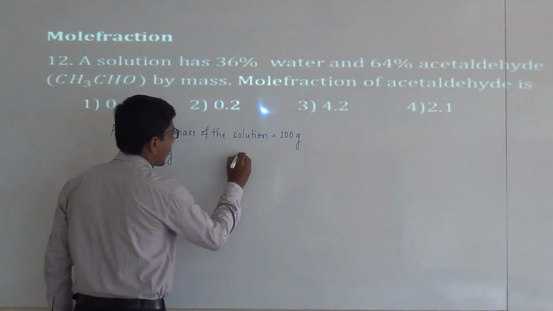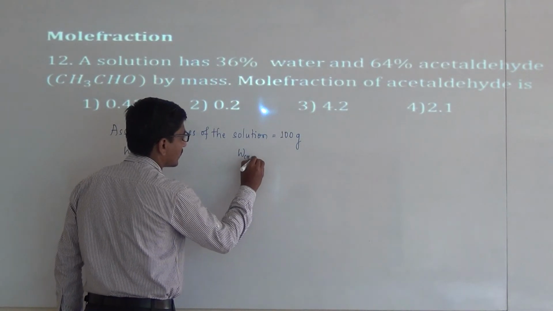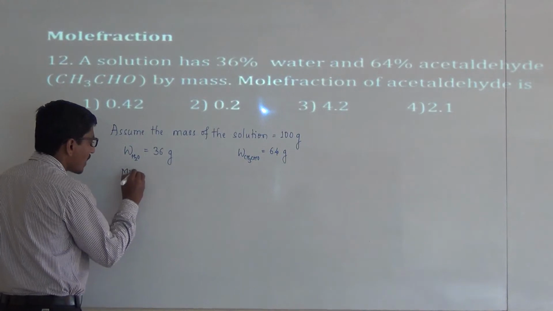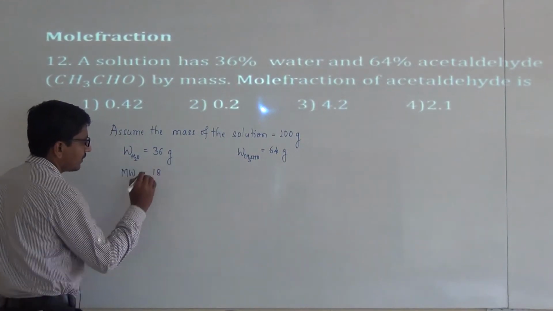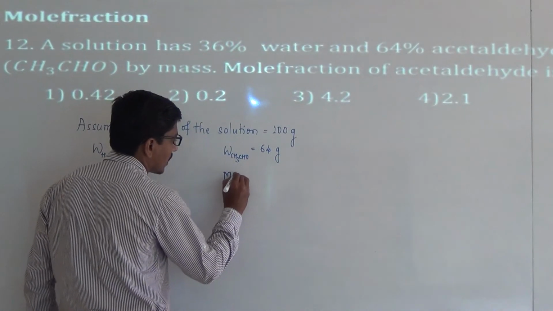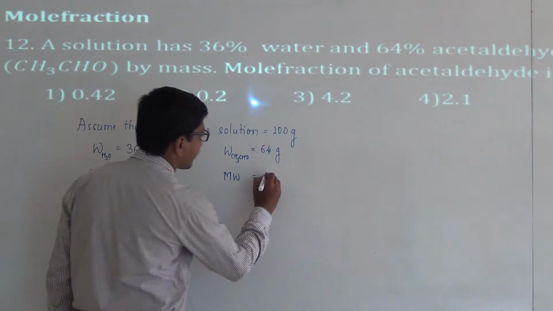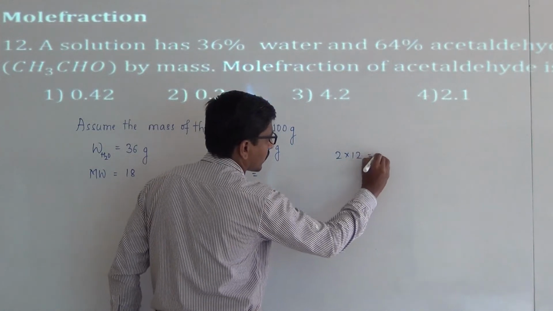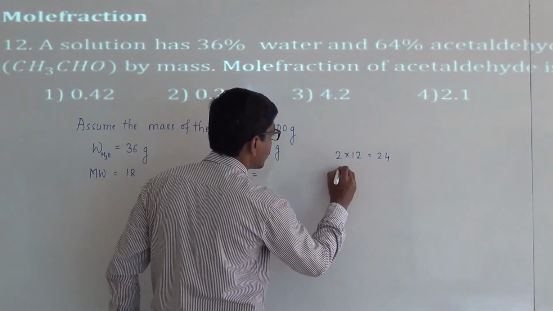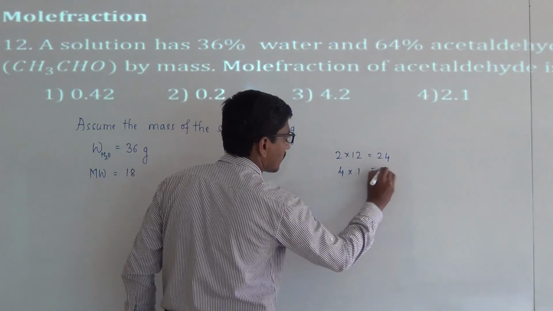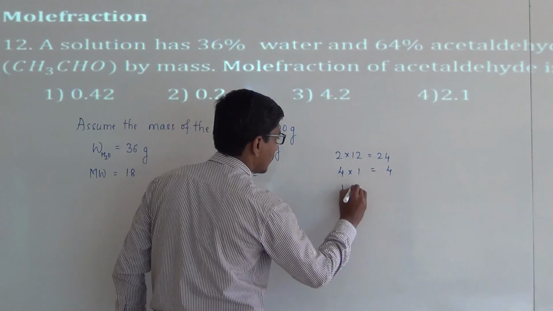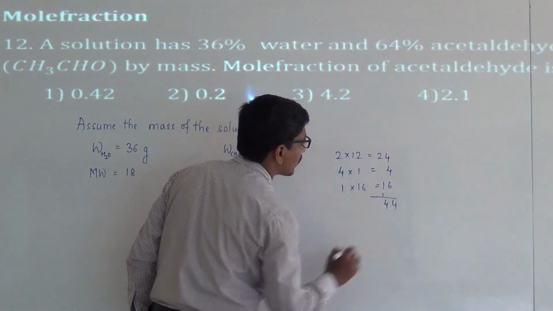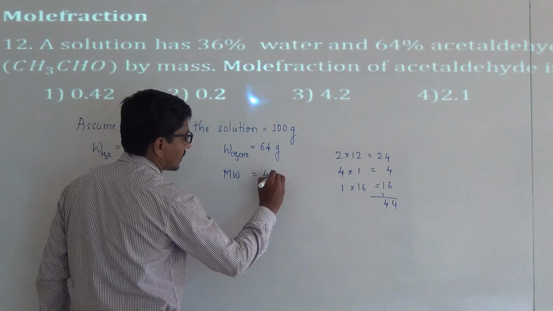Molar mass of water is 18 and molar mass of acetaldehyde is: carbon 2 into 12 is 24, hydrogen 4 into 1 is 4, oxygen is 1 into 16, total 44 is the molecular mass of acetaldehyde.